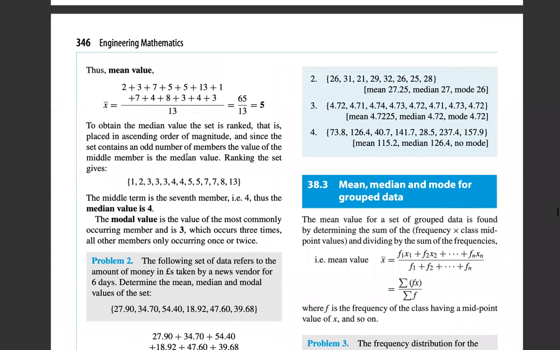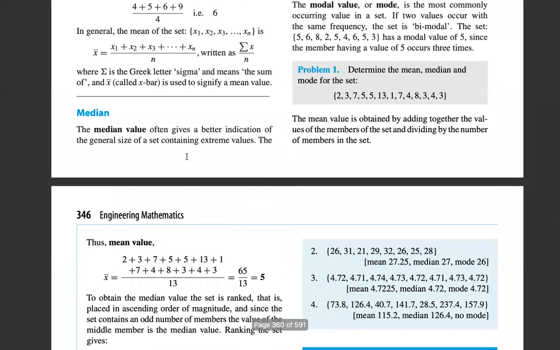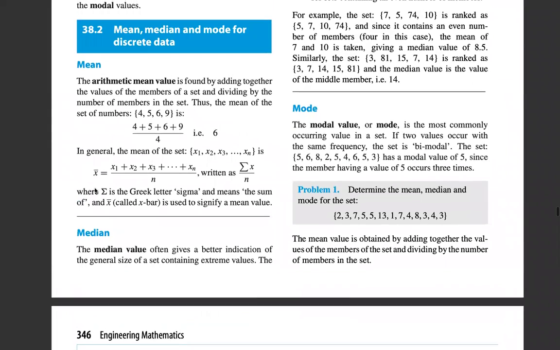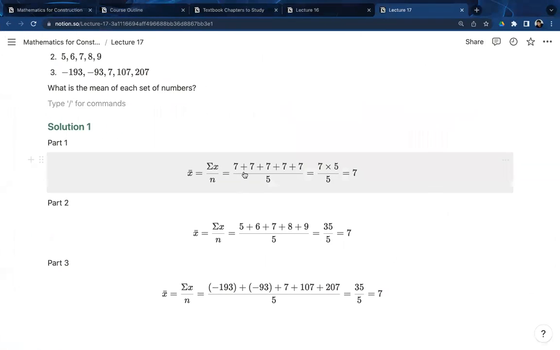It means the average. That's the notation for average, right? You see it here, x bar. In general, the mean of a set of numbers, you add up all the numbers and you divide by n. We write it as summation of x over n. So the book has it, call it x bar. Sigma is the capital Greek letter that means sum of, right? So this is a notation, sum of all the x's over n. This is essentially what it is. So that explains the notation I'm using here.